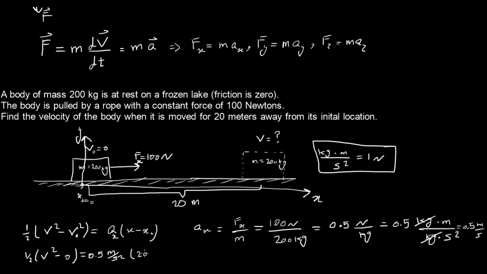So it is equal to 10 times 0.5 is 5, times 2, 10 meters squared per second squared. So now therefore V squared equals 2 comes up here, 20 meters squared per second squared. Therefore V equals the square root of 20 meters per second.